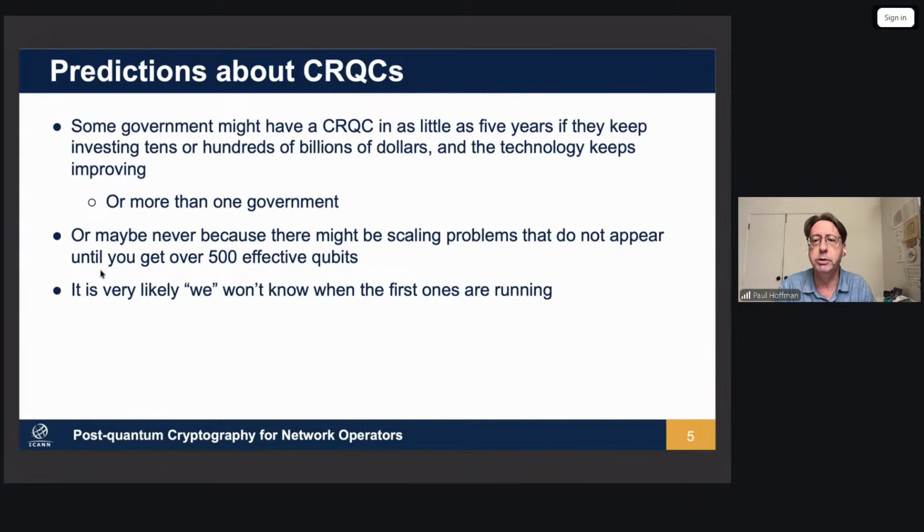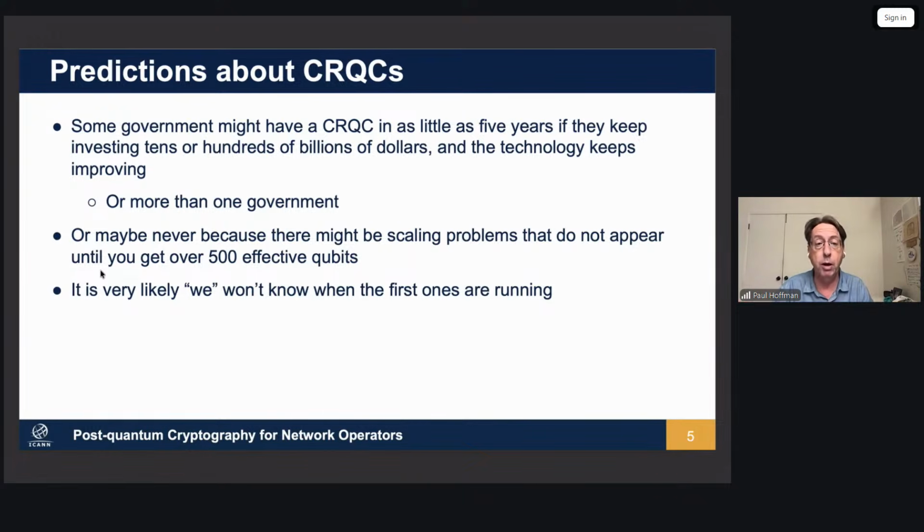Usually it's the spies. I'm not sure how you in your various regions call the parts of your governments where it's just the spies. It's not the people who are helping so much. They might have one in as little as 5 years, because they are spending tens or hundreds of billions of US dollars to make these.